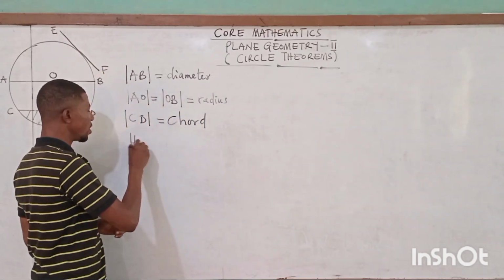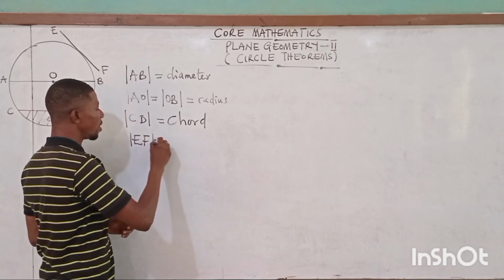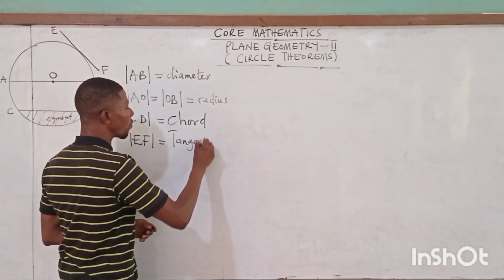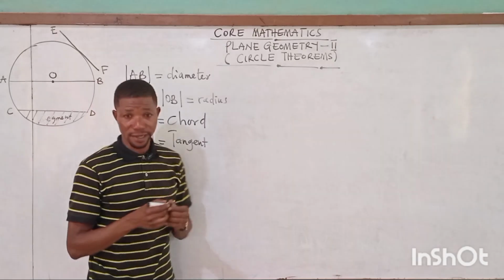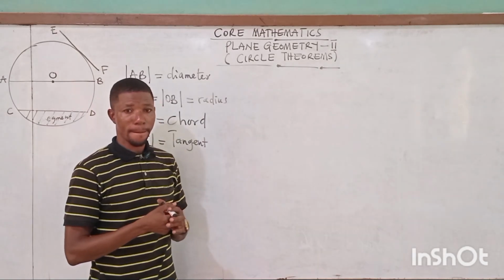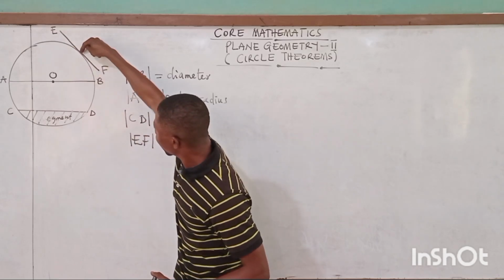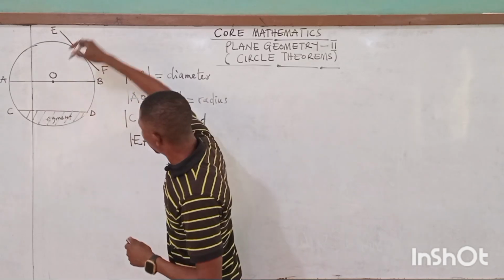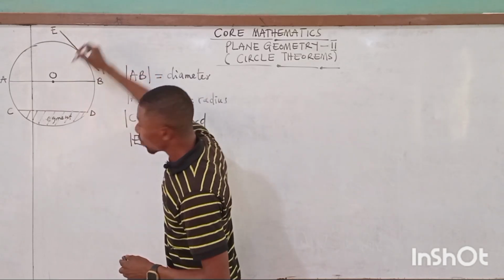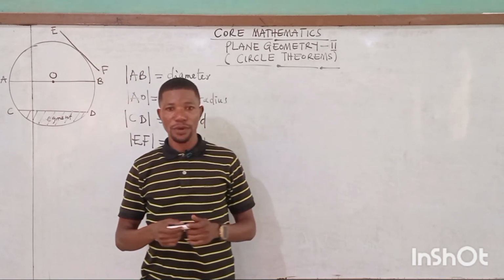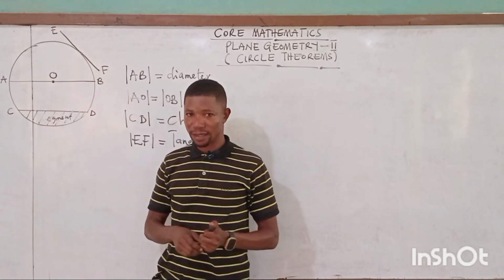So we have EF, length EF being the tangent of this particular circle. So the tangent or the straight line touches the circle at one and only one point. This point over here is known as what we call the point of tangency. This is the point of tangency which the straight line touches the circle.